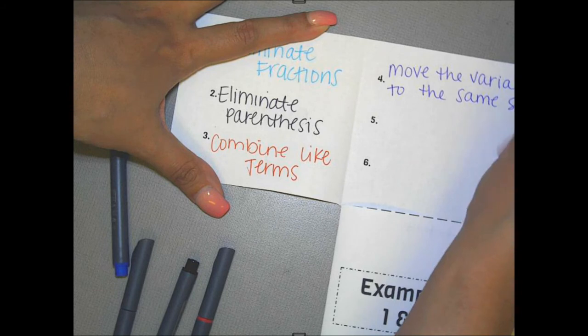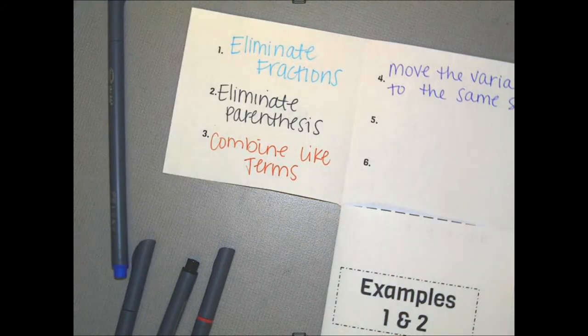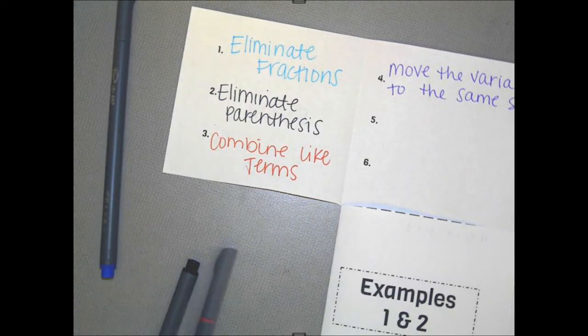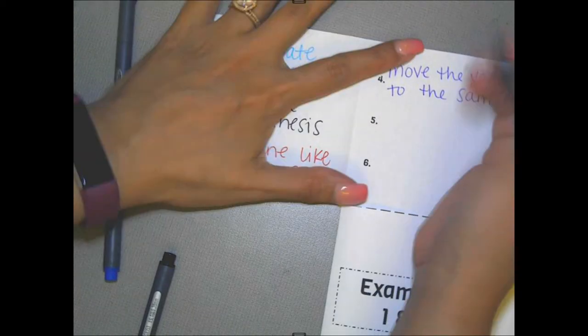Guys, if you need to pause this video to write down anything, please do. All right, now for step number 5, we're going to move our constants to the other side of that equal sign.